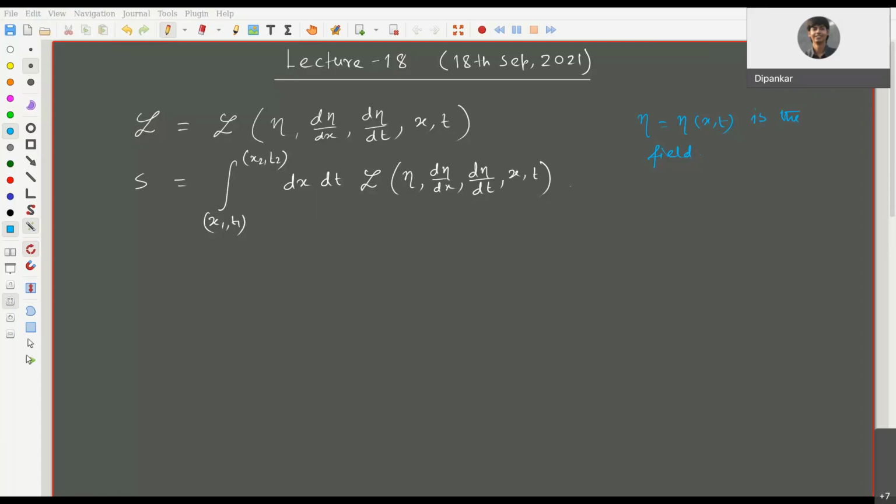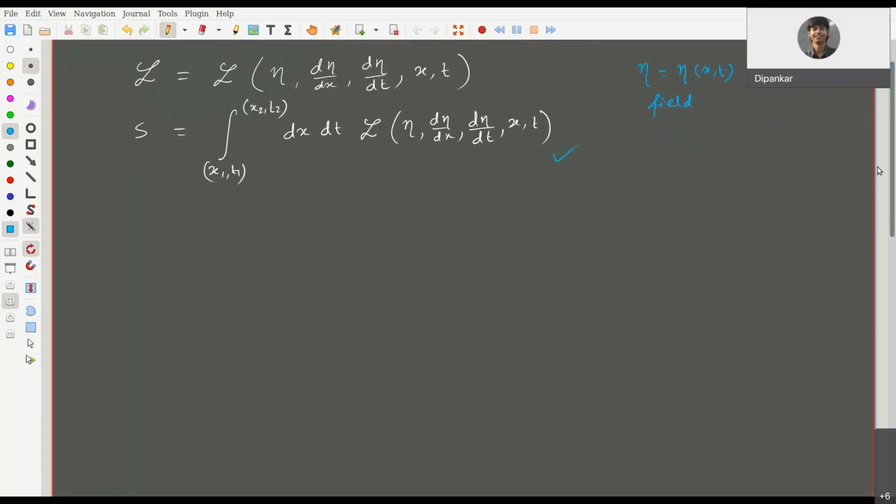And we suggested that in terms of that Lagrangian density, we can define the action in this way. And a minimization principle, like you have to minimize this action, or the principle of least action. So what you do is that you vary your fields about something called the classical field.